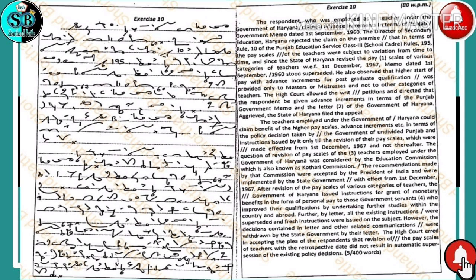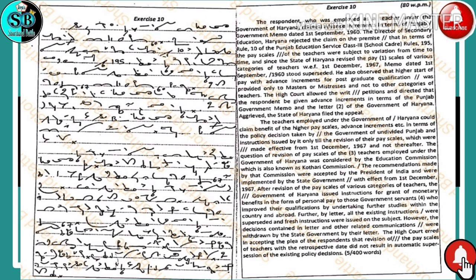The teachers employed under the Government of Haryana could claim benefit of the higher pay scales, advance increments, etc. in terms of the policy decision taken by the Government of Undivided Punjab and instructions issued by it only till the revision of their pay scales, which were made effective from 1st December 1967 and not thereafter.